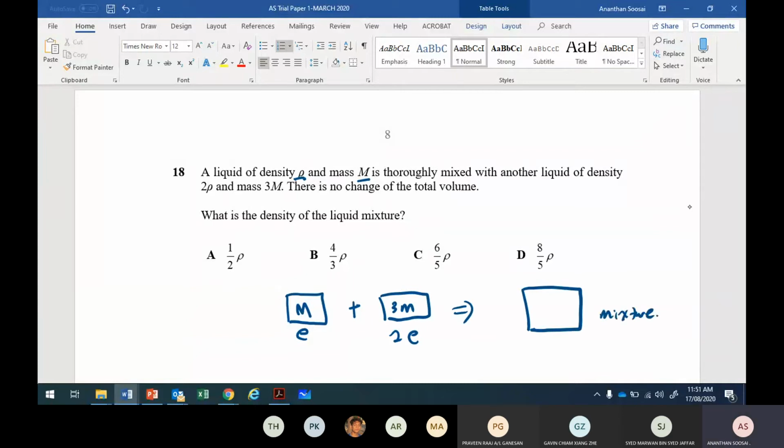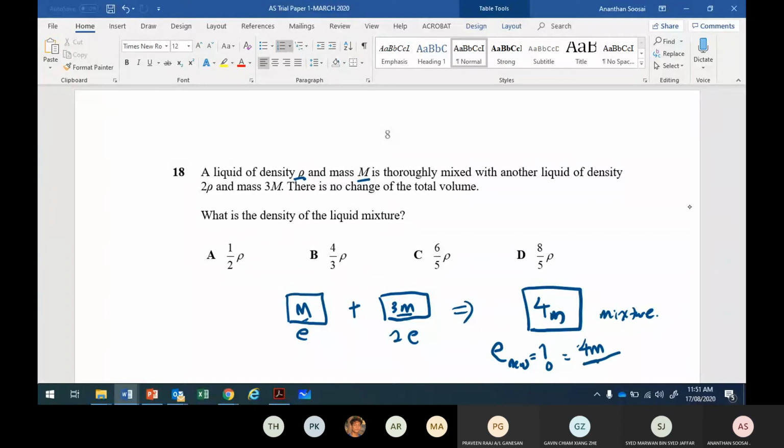They're asking what is the new density. To find the new density, we need the new mass. So m and 3m added become 4m. The new mass is 4m.